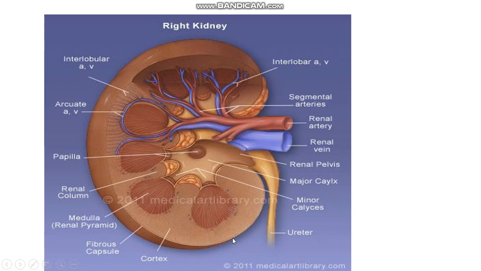So the middle part of the medial border is concave in structure, but nearer to the upper and lower poles of each kidney the medial border is convex in structure, while the lateral border is convex.